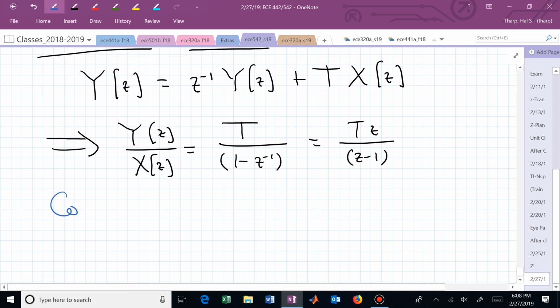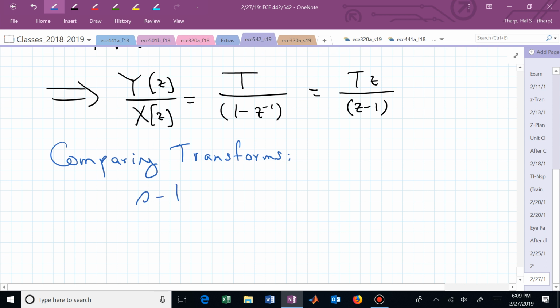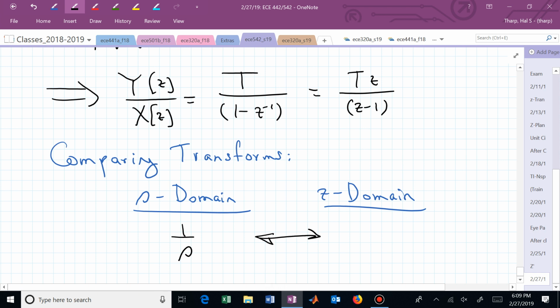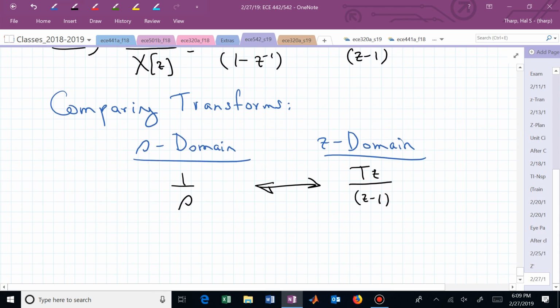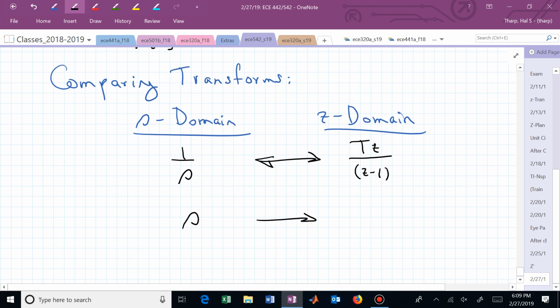And we can do what we did before. We can compare the transforms between the S domain and the Z domain. The S domain was simply 1 over S, and now we're associating that with T z over z minus 1. Or S is now going to be replaced with z minus 1 over T z.